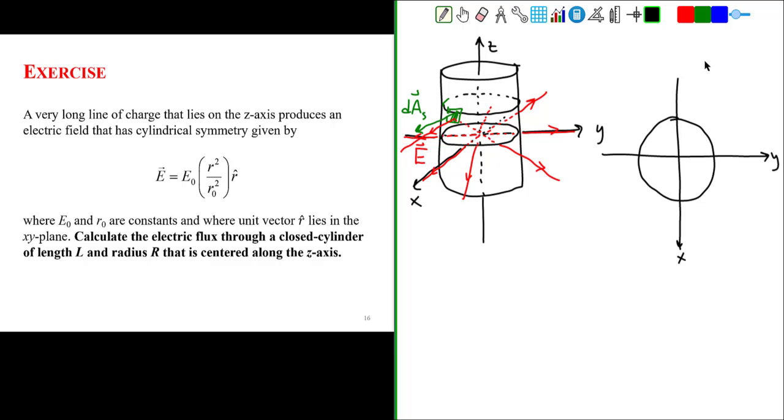This cylinder is of radius r, and over here I'll indicate that the length of the cylinder is length L. From this perspective, let's go ahead and illustrate our electric field lines having cylindrical symmetry.